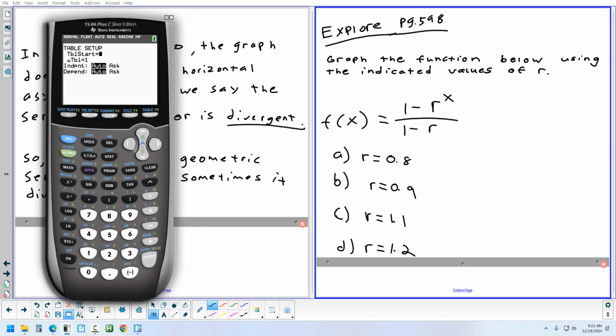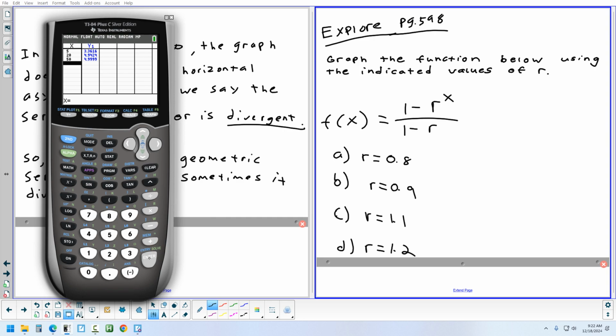I want to make it so I can type in a value. Let's put on ask. So if you add up the first 5 terms in that sequence, if r is 0.8, you'd get 3.36. If you add up the first 20 terms, you get 4.94.